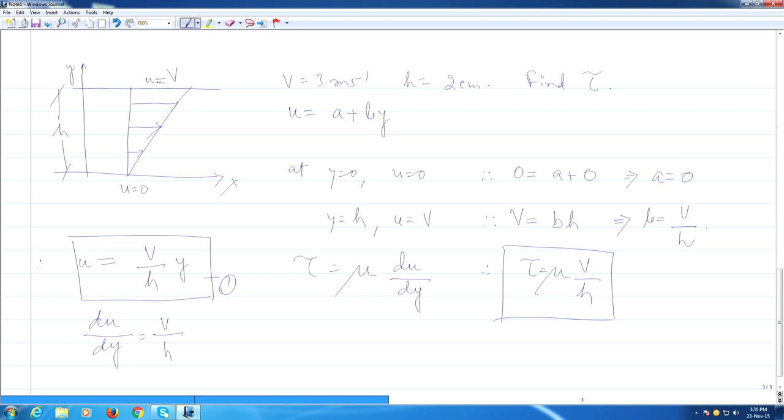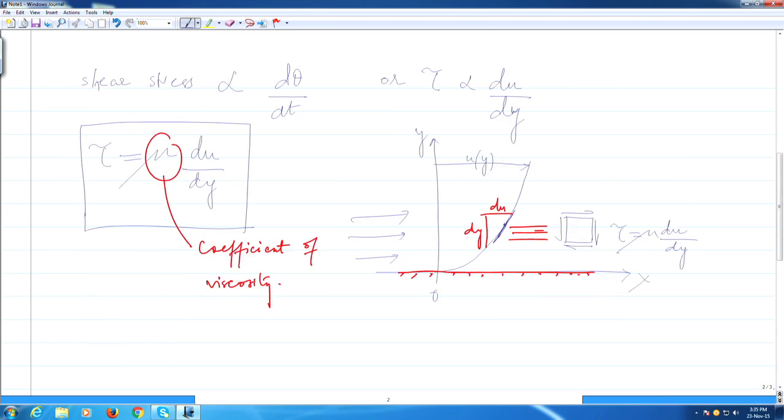Like I said, the stress is basically equal to mu du/dy, and this is the slope of the element at this location, and shear stress is proportional to the strain rate.